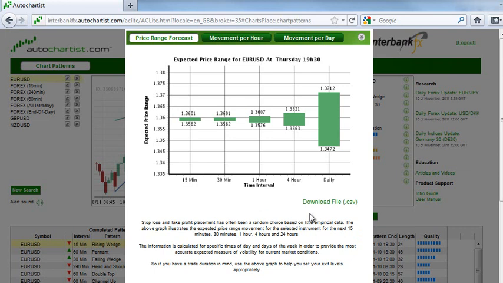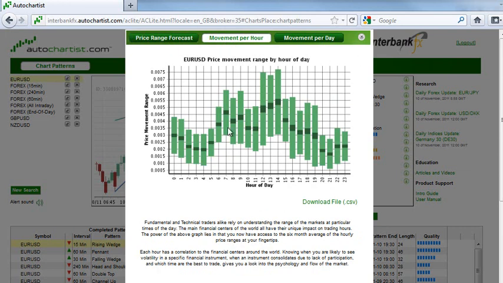I'll zoom in here a little bit. And what you'll see is a number of ways that price action and pip movement has been dissected to yield another view of support and resistance. That's what makes it so cool.